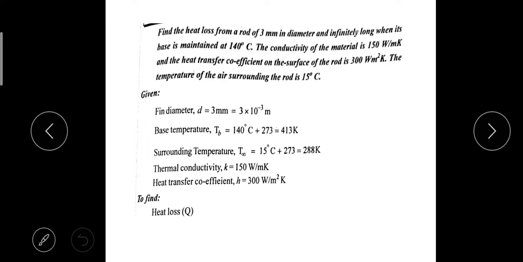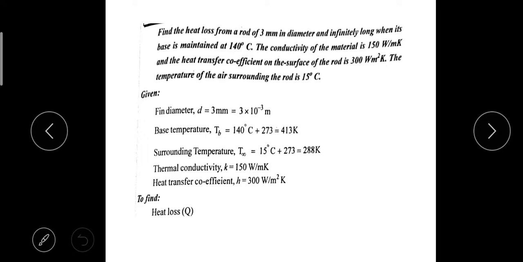Pin fin method. The pin fin, for the infinitely long case. Then a short fin whose end is insulated. Then a short fin whose end is not insulated. So we can use it for three types of fins. Here we are using it for the infinitely long fin.